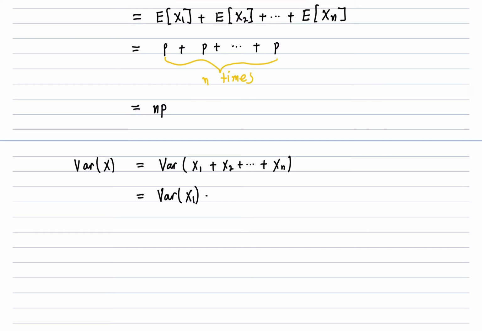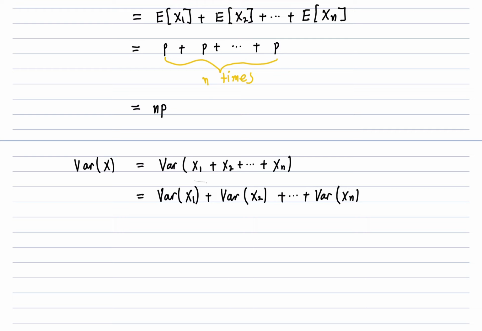This is only true for independent random variables. So variance of x1 plus variance of x2 plus ... plus variance of xn. And of course we know they are independent because the whole point is that the first trial doesn't affect the second trial, which doesn't affect the third.